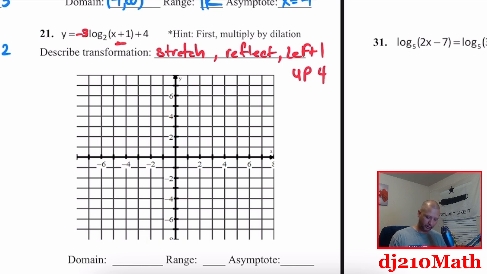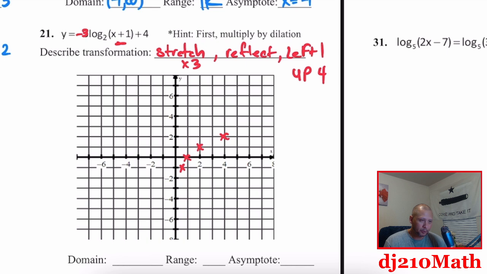So we're going to stretch by a factor of 3. We're going to reflect across the x-axis. Left 1, up 4. Okay, so there's mad things happening right now. Okay, let's start with the OG points.